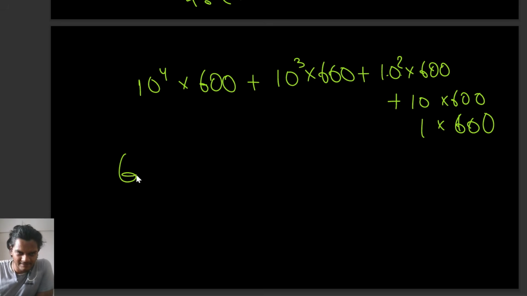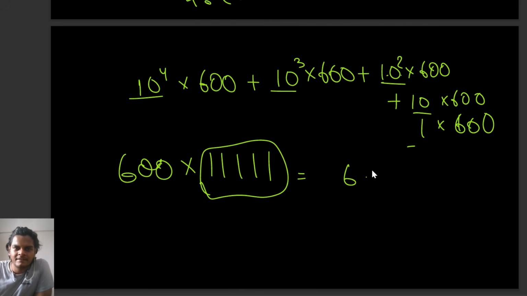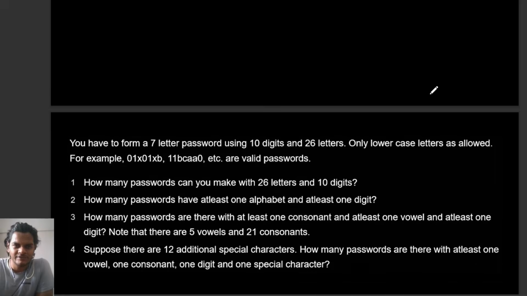So obviously this is 600 into 11111, right? 10 power 4 plus 10 cube plus 10 square plus 10 plus 1. And this is 6666600. This is the sum. So that should be a very easy question.